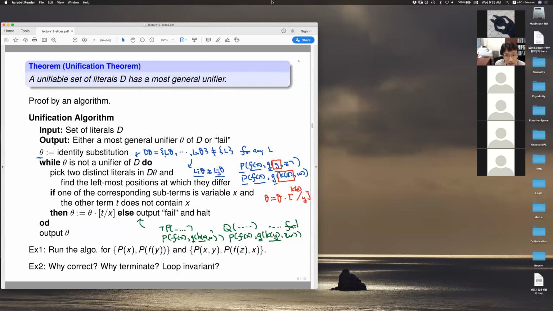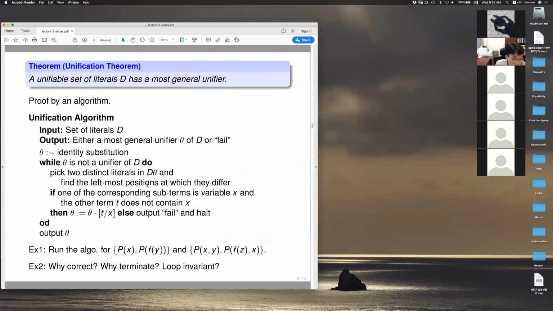Okay, so let me show you the answer here. Let's first run this algorithm with a specific input, which is P of X and P of F of Y. So D is equal to P of X and P of F of Y. Initially, in the first step, we just set theta to be the identity substitution, which I will just write as a blank, since it doesn't do anything when you apply this substitution as an operator.